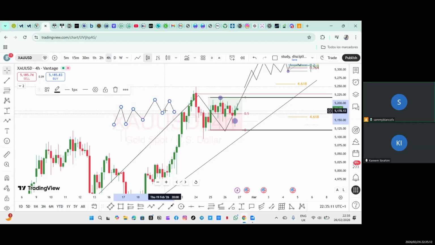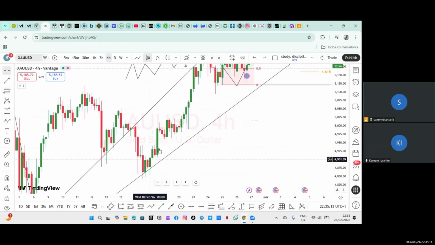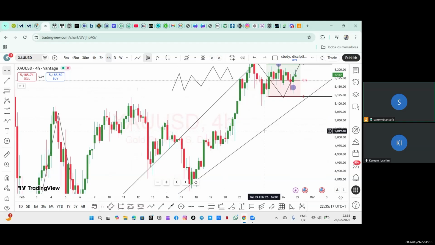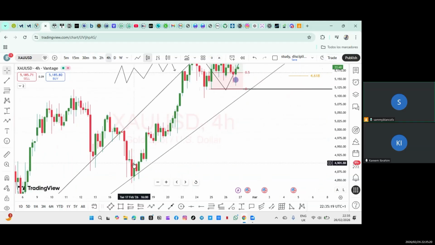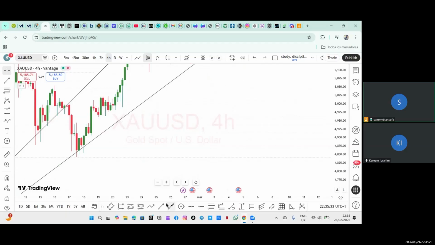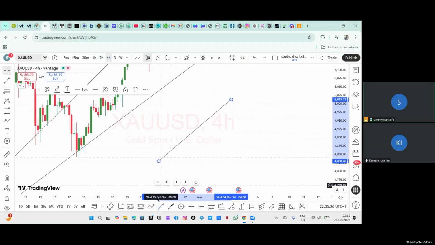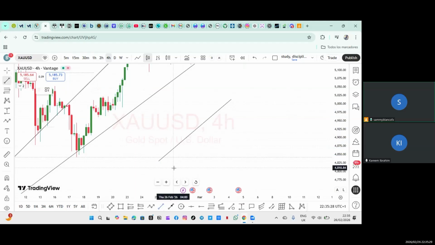The fourth wave, okay. Wave 3 will never print a pattern. The only pattern wave 3 can print is a channel. We have what we call a channel. When we have the market going to the upside like this, and then like this direction, the market will be moving inside this trend.